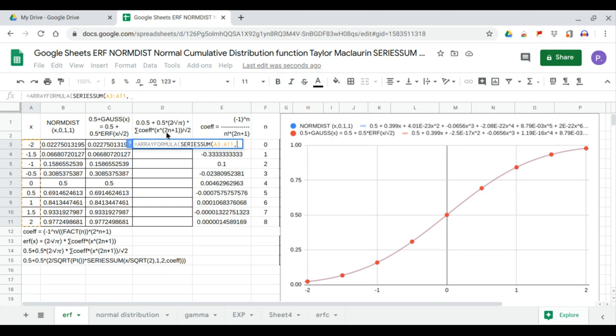So x to the 2 times 0 plus 1, so 1, that's the starting power. And the increment: the next is n equals 1, so 2 times 1 plus 1 is 3. So between 1 and 3, the increment is 2. And the coefficient will be this range.